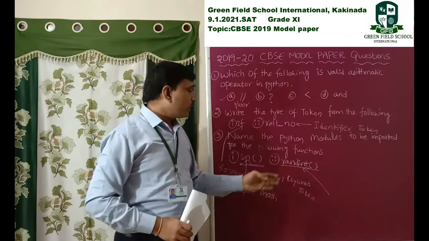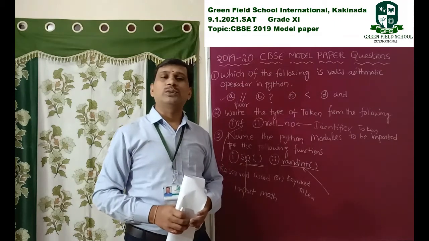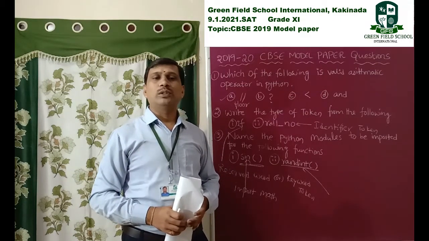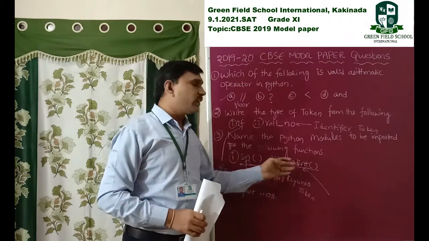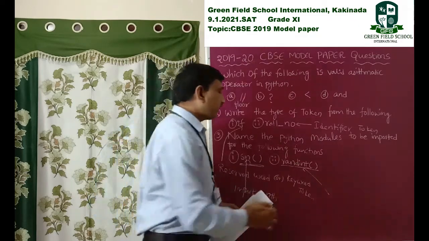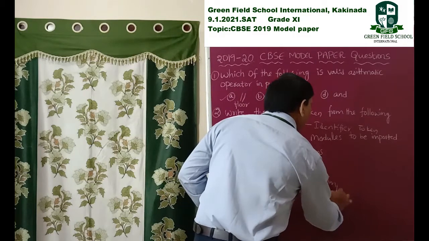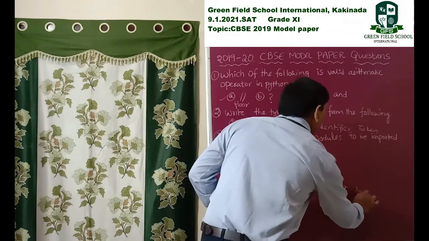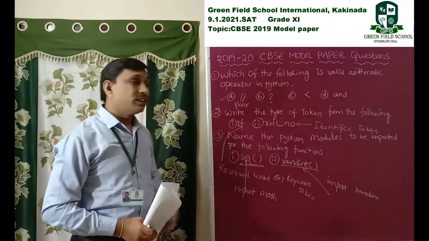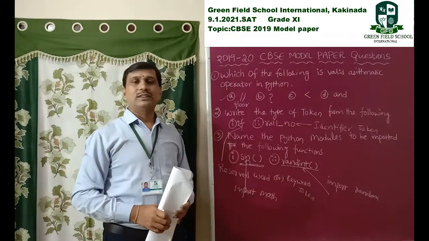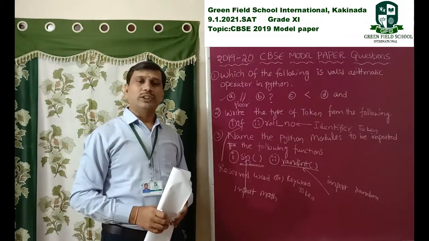So this method belongs to the random module. First we import that module, then we use this method. That's why it is import random module. So these are the answers for this question.